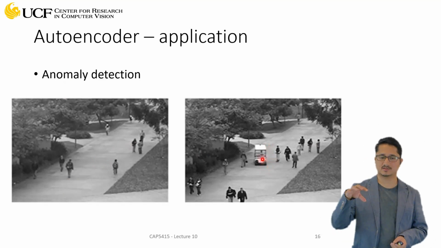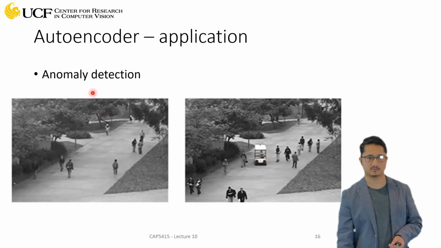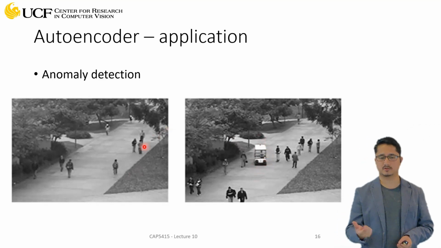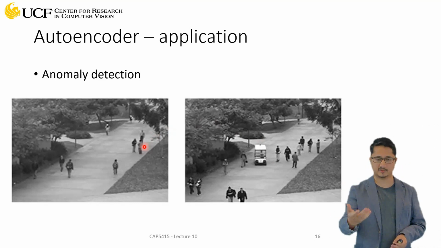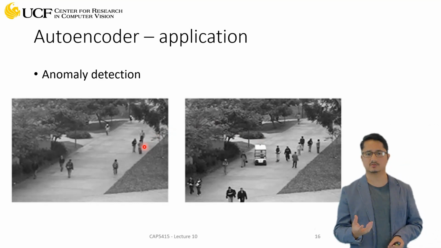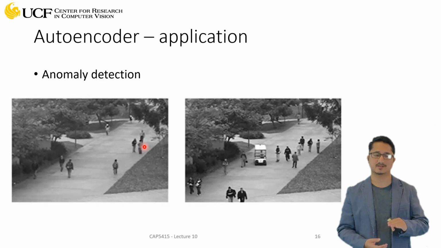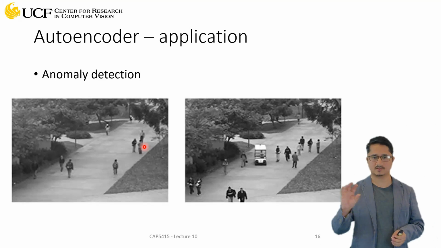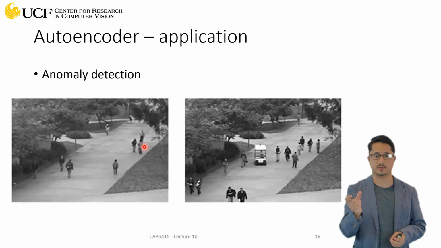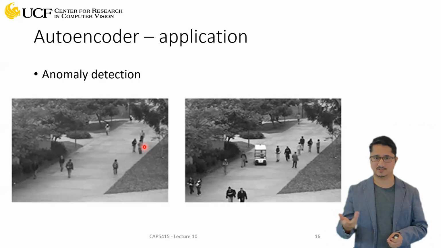Whenever there's something unusual, that's called an anomaly. In this case, this golf cart is the anomaly. It shouldn't be here. That's a very interesting problem, and it's not just a problem in the image domain, it also applies to the text domain. You have some sentences and some word comes up which should not be there. That's an anomaly in text.